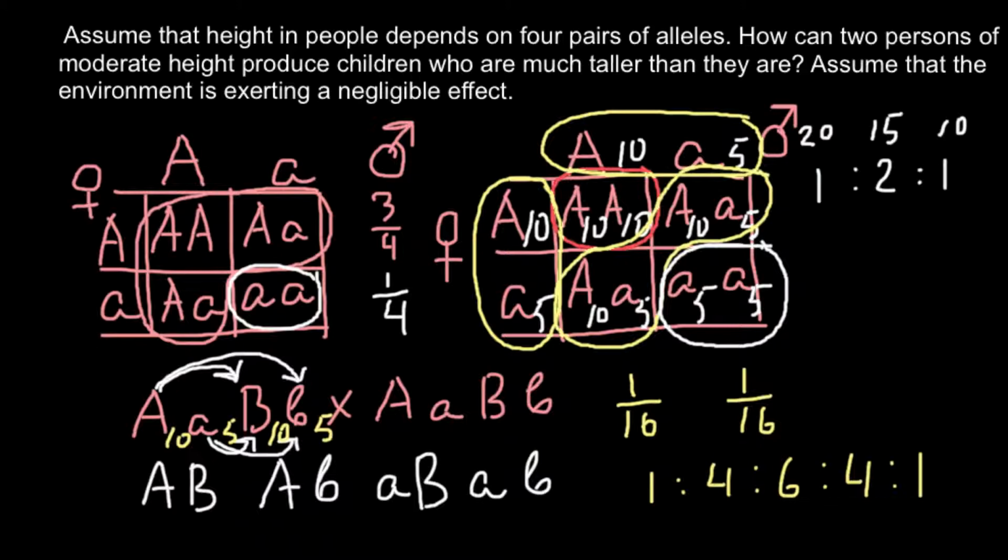And of course, the more allelic pairs we have, the more different combinations we may have. And this explains why two moderate height people may produce children that can be very different in their height. So some children can be small, some can be tall, and some can be average.